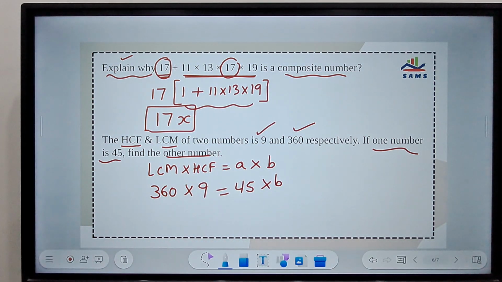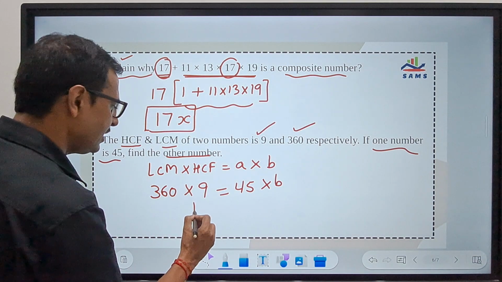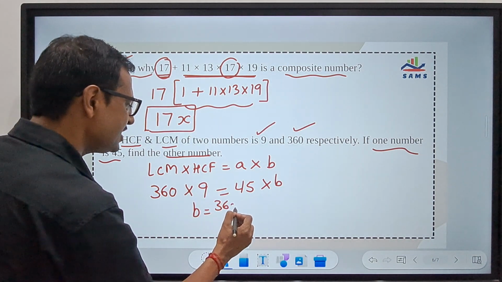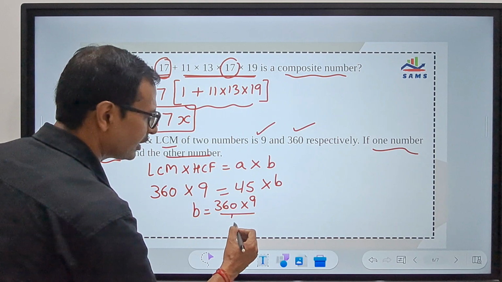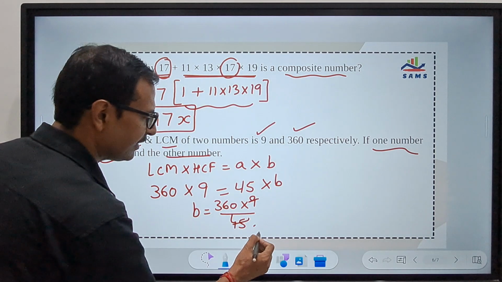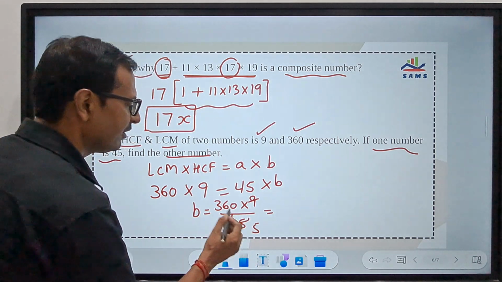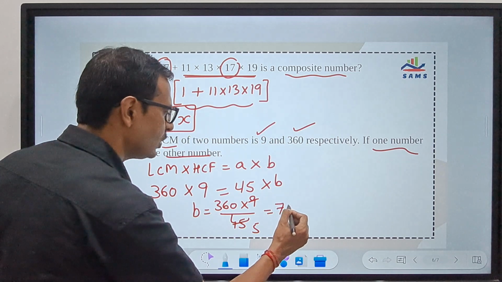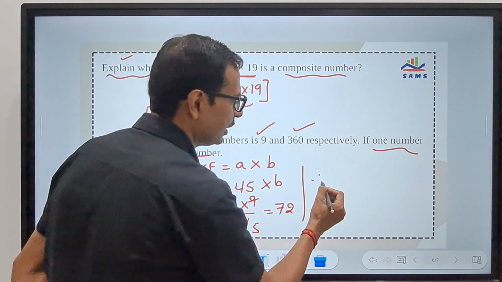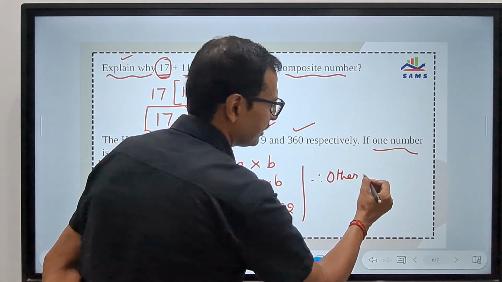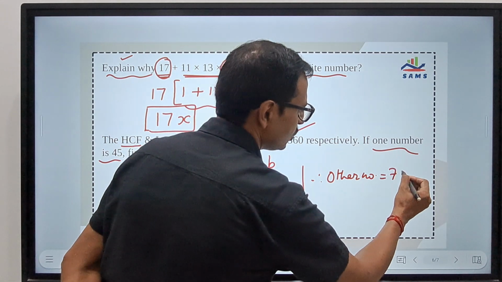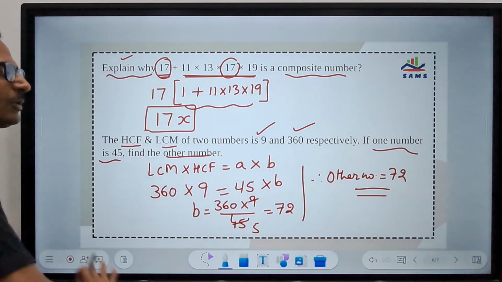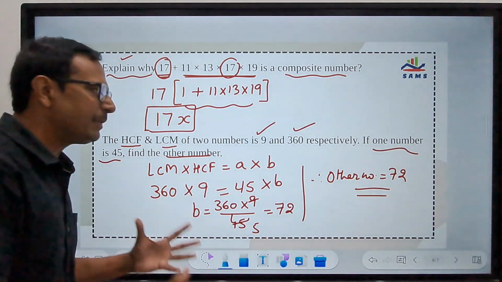So B or the other number will be 360 times 9 upon 45. 9 cancels this 5 times and 360 upon 5 will give me 72 as my other number and therefore the other number is 72.